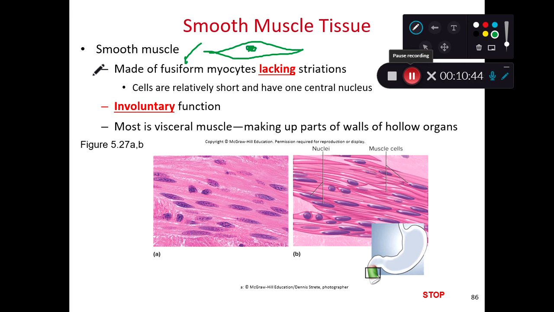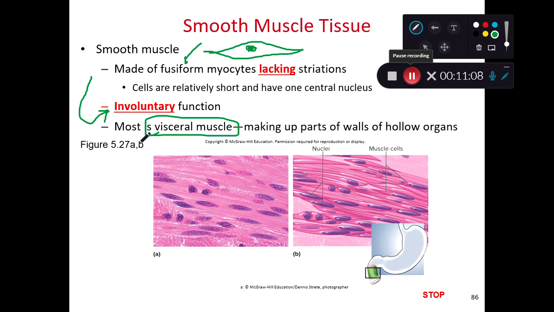We need to emphasize that smooth muscle cells are involuntary, and they make up most of the muscles of the abdominal pelvic cavity. So most of the organs of our abdominal pelvic and thoracic cavity, I should also add, pretty much any hollow organ is going to have a bunch of smooth muscle making up the wall of that hollow organ.